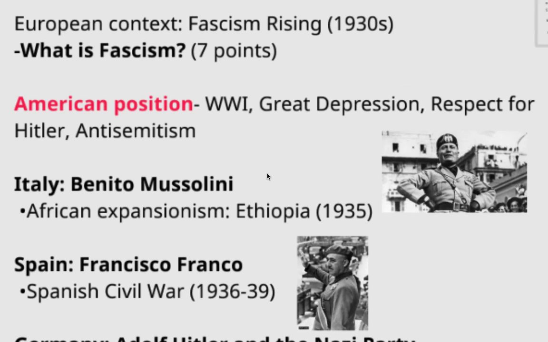And as you're going to see in one of the lectures today, they're going to do everything it takes to try to prevent the U.S. from getting entangled in another world war. So the memory of the war is one of the reasons why the United States wants to stay out of this, even though Hitler and some of these other fascists are becoming a growing threat.